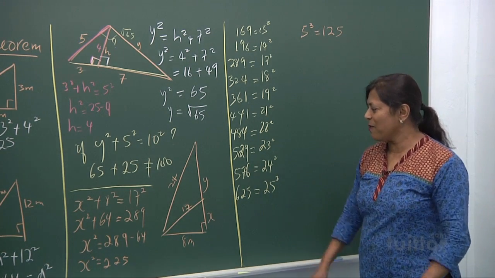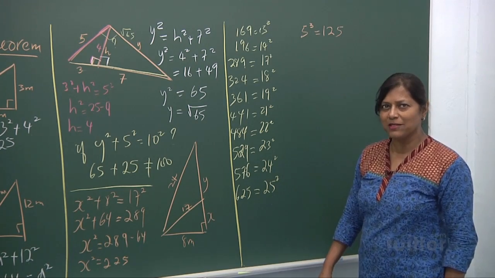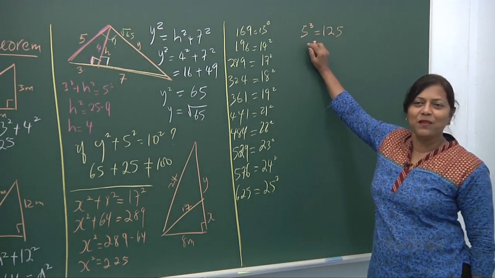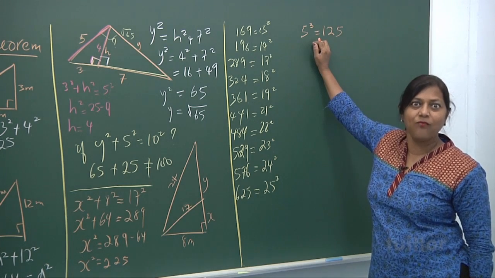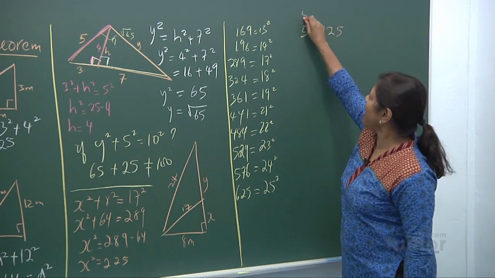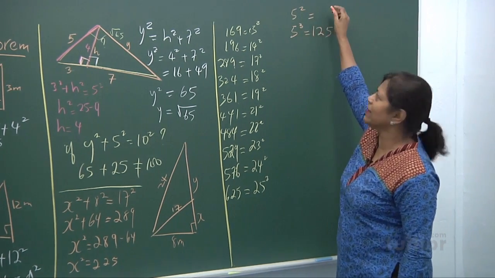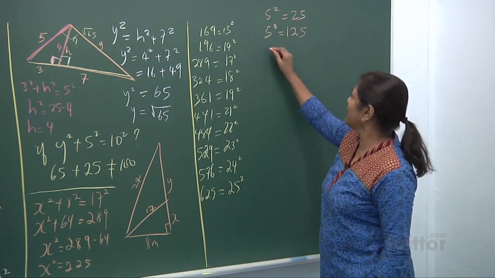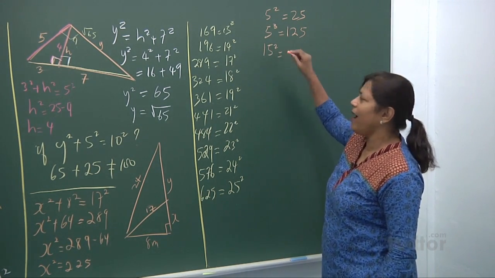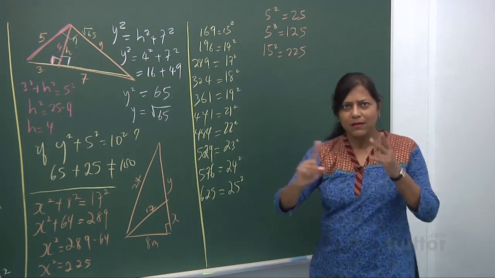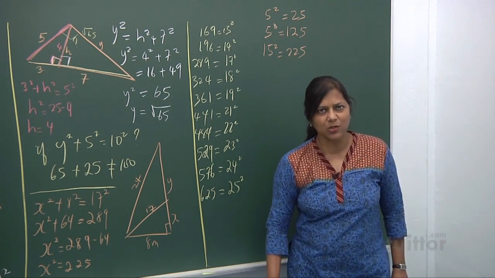Not now anymore. I've become a much more mature teacher. I can take him on. 5 cubed, 1 to 5, 125. Remember the fight, "to fight". 5 squared, 25. And I said 15 squared: 1 to fight, 2 to fight, 225.